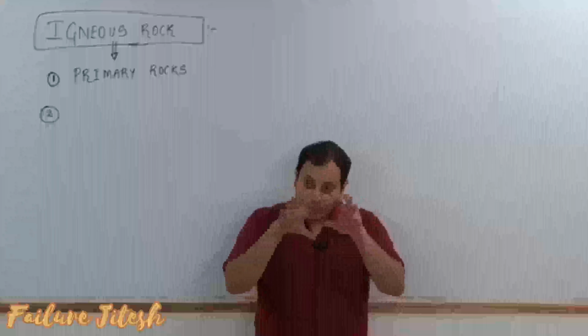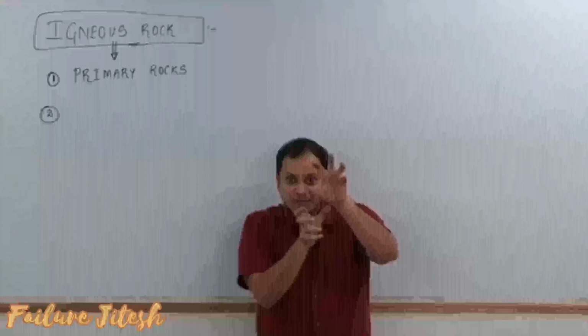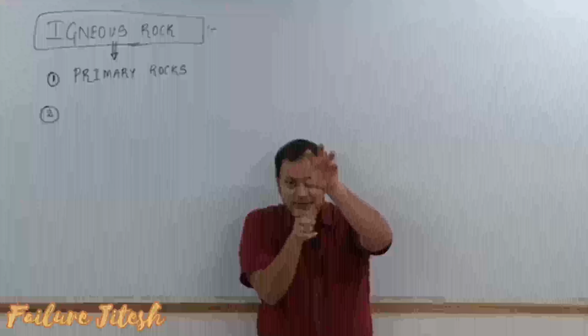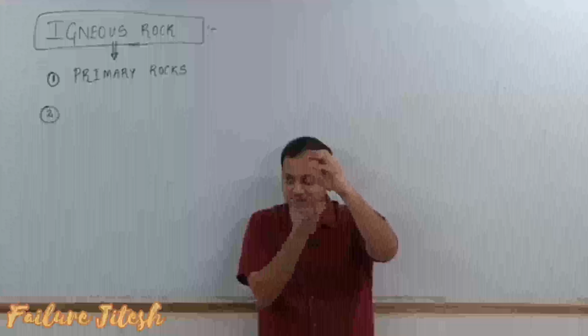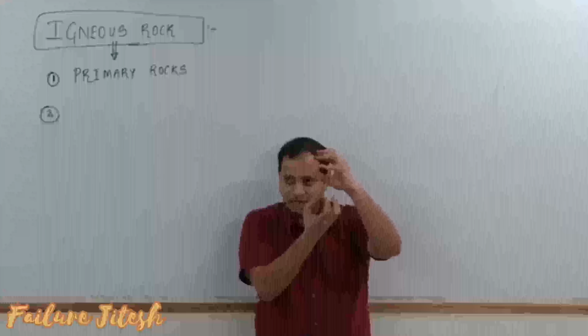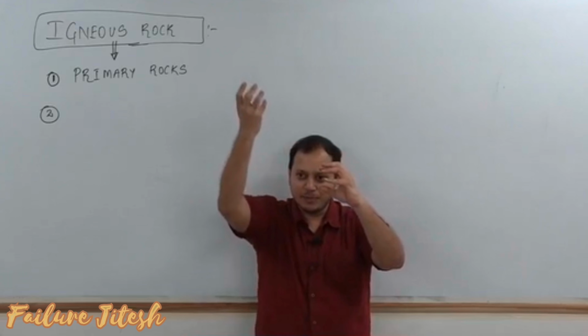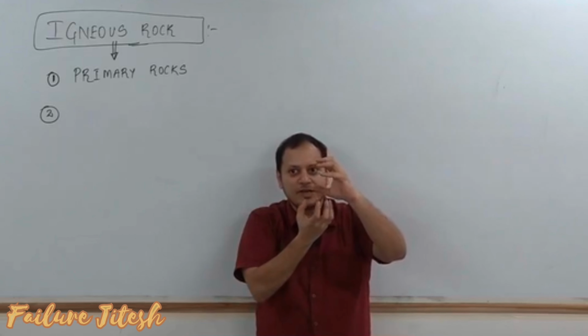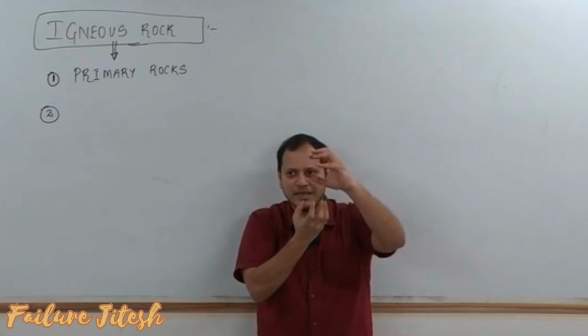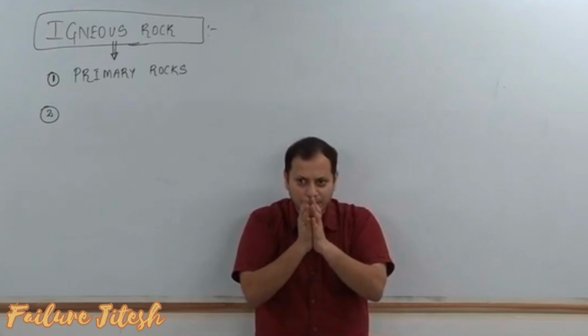अब granitic magma is found much at a greater height than the basaltic magma. If this is the earth, this is the layer where there is a granitic magma, this is the layer where there is a basaltic magma. But basaltic magma crack में से easily ऊपर आता है and then solidifies. Granitic magma, it cannot come out through cracks. So बहुत धीरे धीरे ऊपर आता है and it starts cooling.